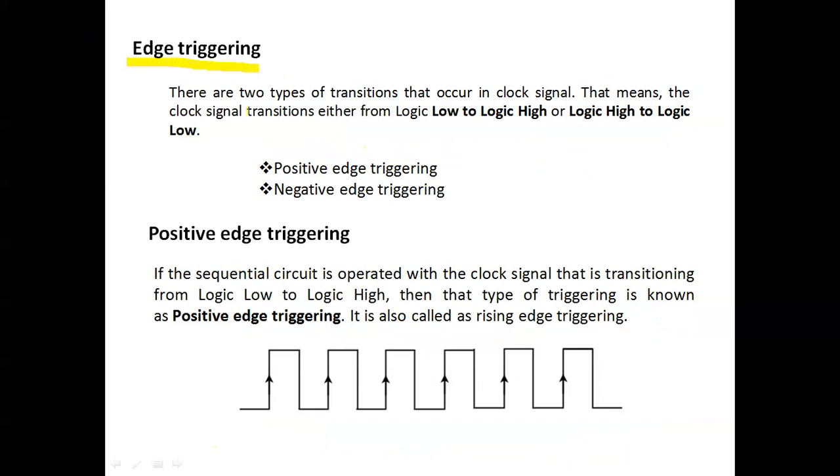Then edge triggering. Edge triggering is also classified into two: positive edge triggering and negative edge triggering. Positive edge triggering means during the transition, the level changes from 0 to 1, low level to high level.